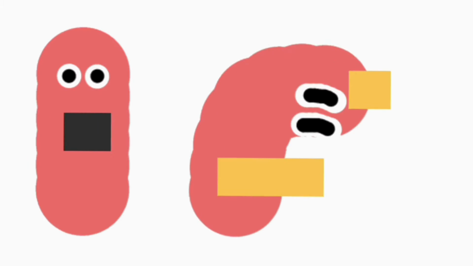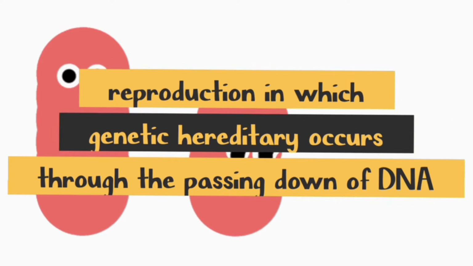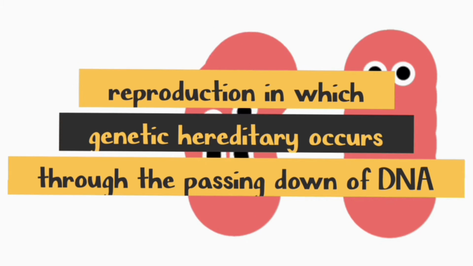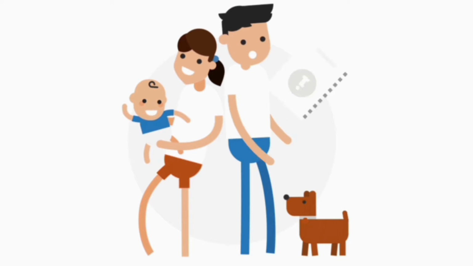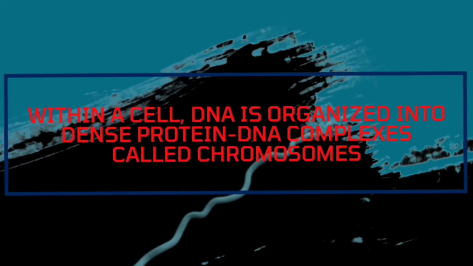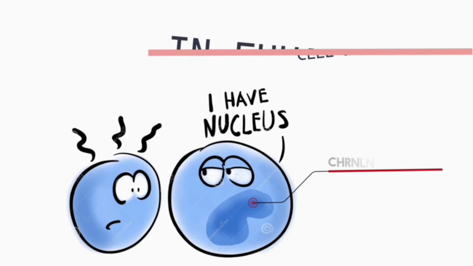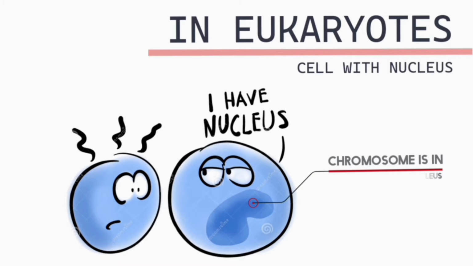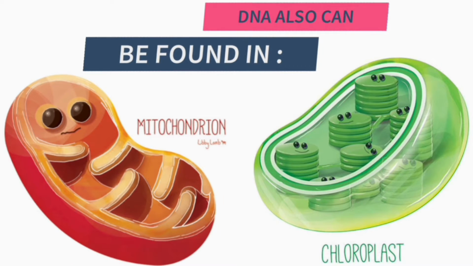DNA is a key part of reproduction, in which genetic heredity occurs through the passing down of DNA from parent to offspring. Cell DNA is organized into dense protein-DNA complexes called chromosomes. In eukaryotes, the chromosomes are located in the nucleus, although DNA is also found in mitochondria and chloroplasts.